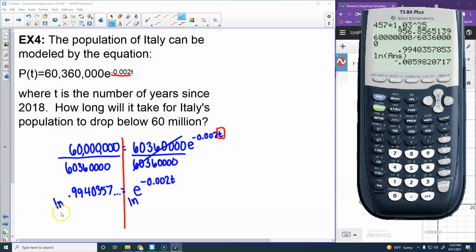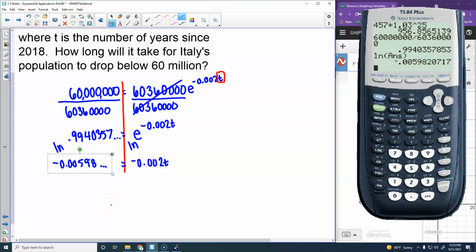And so that gives us negative 0.00598 and so on is equal to negative 0.002t. And Manuel, what's the last thing we're going to do here? Perfect.